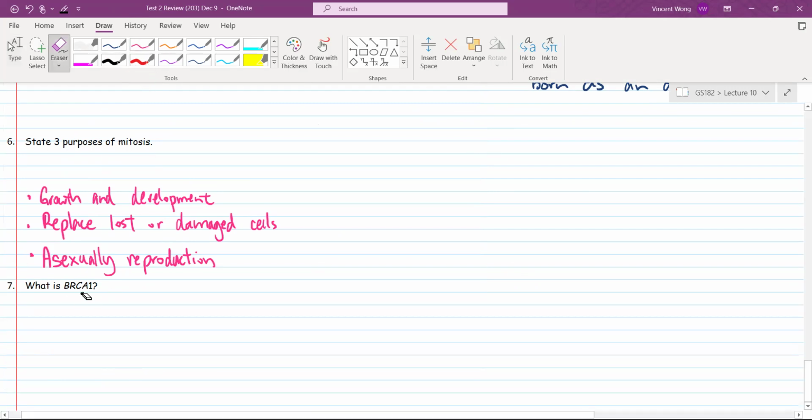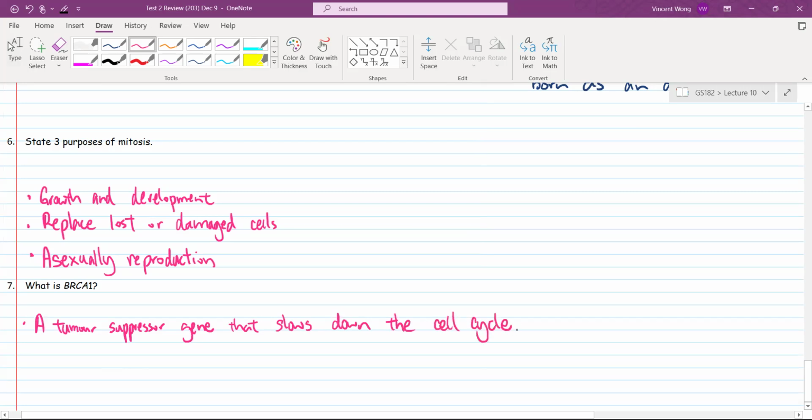And what is BRCA1? This is, as you might remember, a tumor suppressor gene that slows down the cell cycle. Okay.